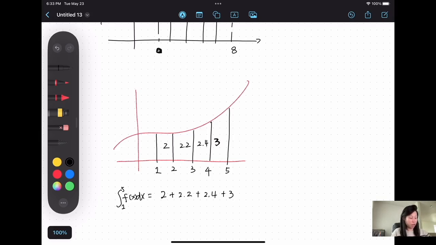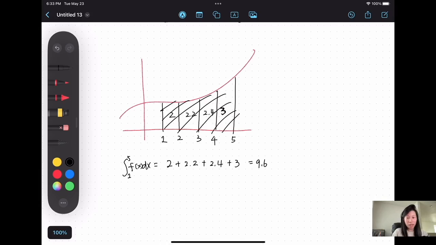That would be the area of this bounded region. And this part equals 9.6. Now I want to find the average value of each block.